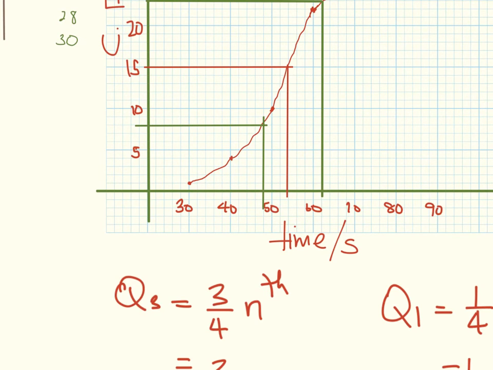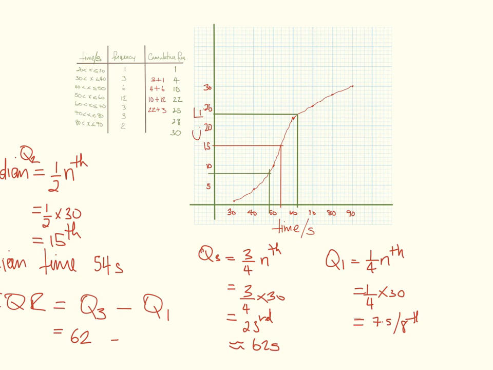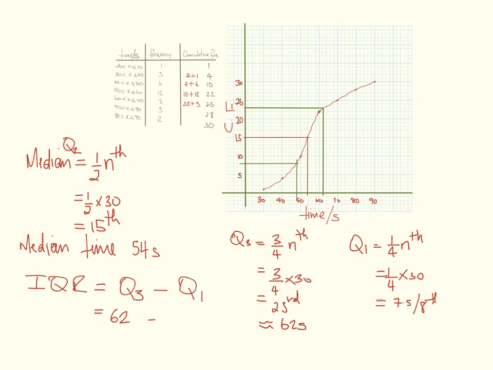So I'm just going to update my lower quartile now. So my lower quartile says that this is approximately 48 seconds. So 48 seconds go here, and that means that my interquartile range is 14 seconds.